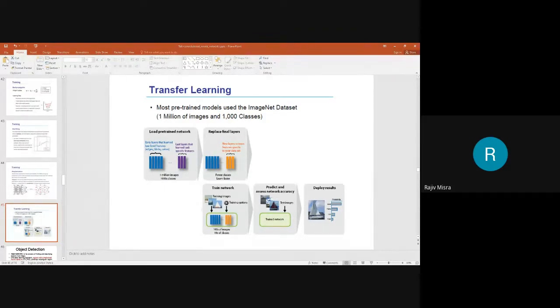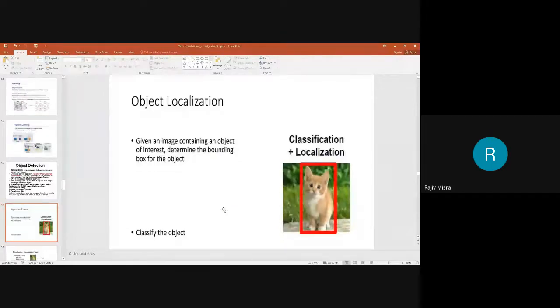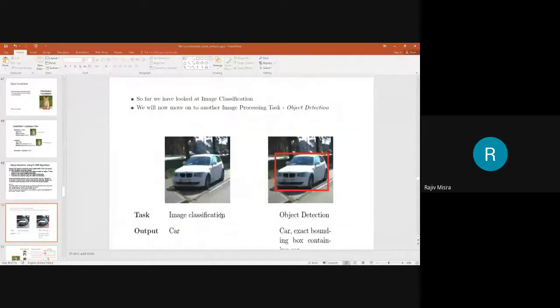So I think I have covered many other slides for object detection, which will be taught to you in this part of the course. Let us quickly surf it.